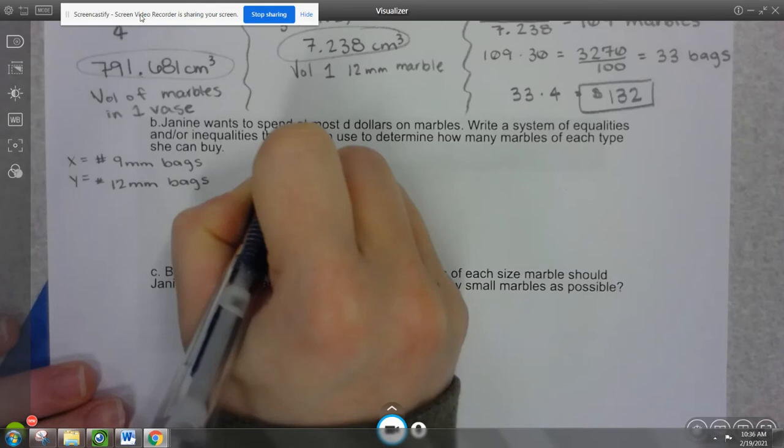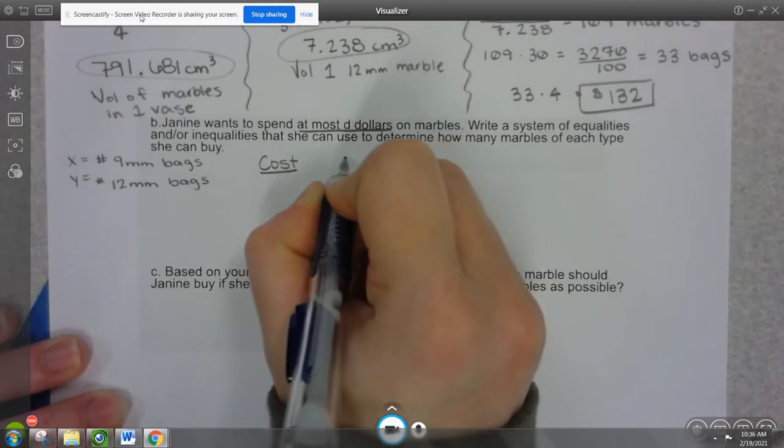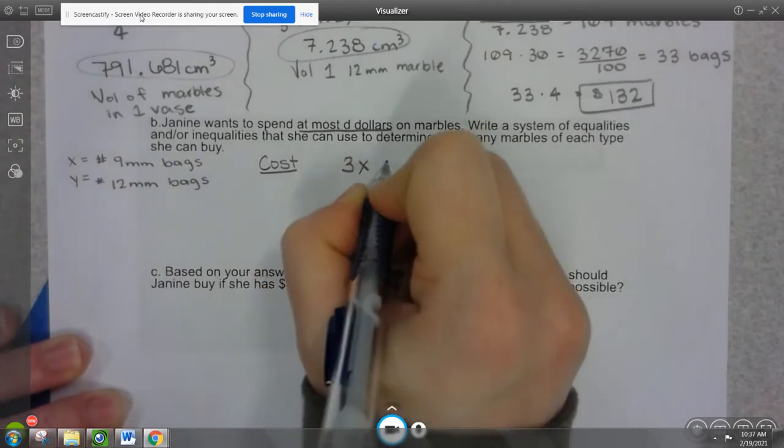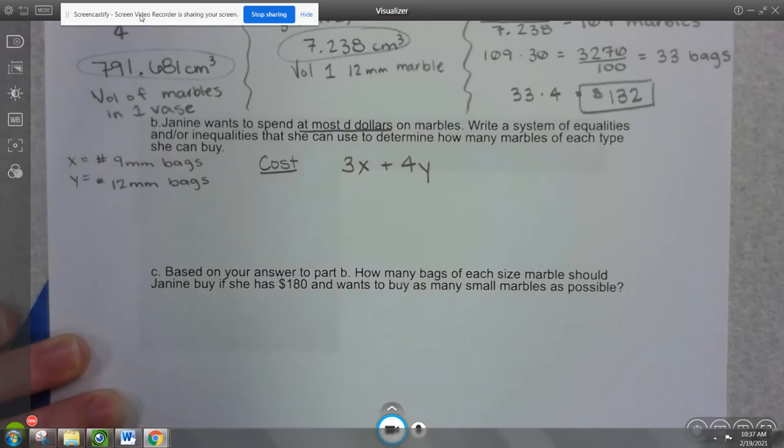Oh, and it froze. Isn't that lovely? There it is. So I have $3 times the number of 9mm bags I buy, plus $4 times the number of 12mm bags we buy.